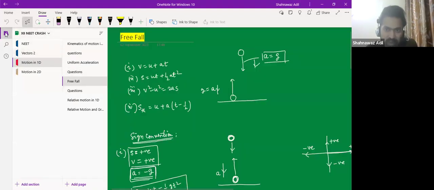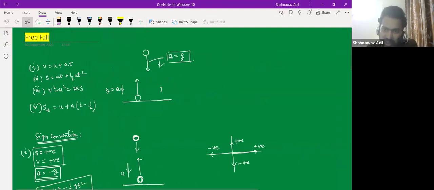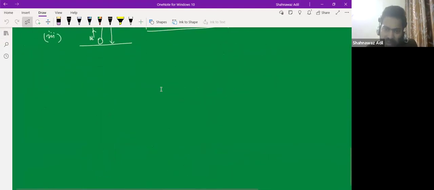In free fall, you have to remember that there are three kinds of scenarios. What are those? If you remember this, then the question becomes easy. In free fall, you always have to remember what the only acceleration is.